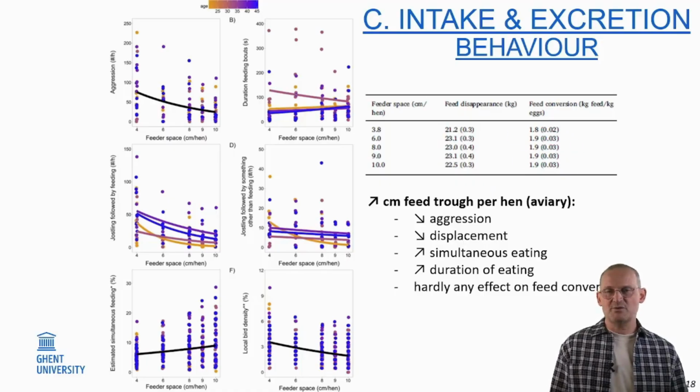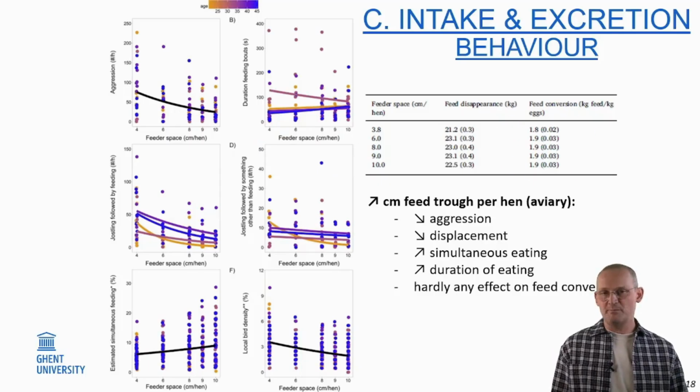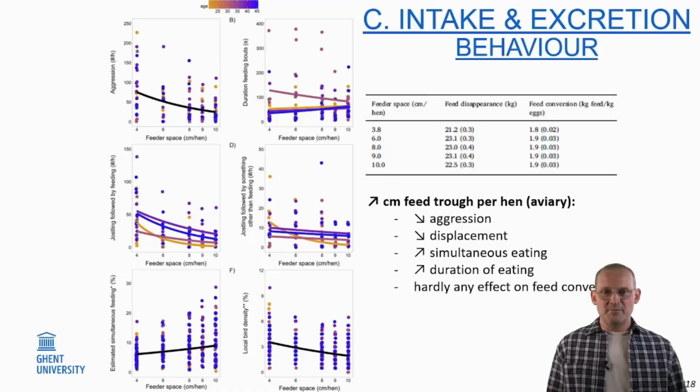So you could argue, well, there's no need to give 10 centimeters of feeder per hen. 4 centimeters will do, because the performance of the hens will not be affected. However, big differences were seen when they looked not at performance but at the behavior of the animals.